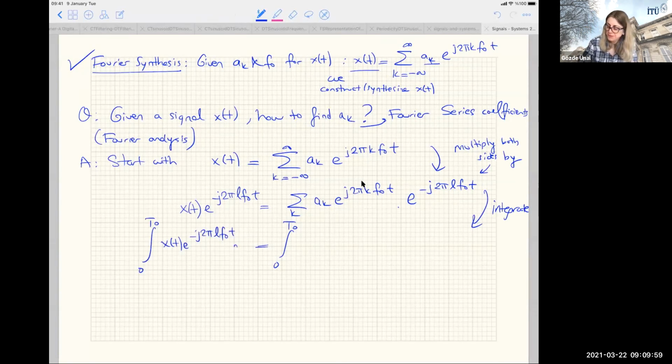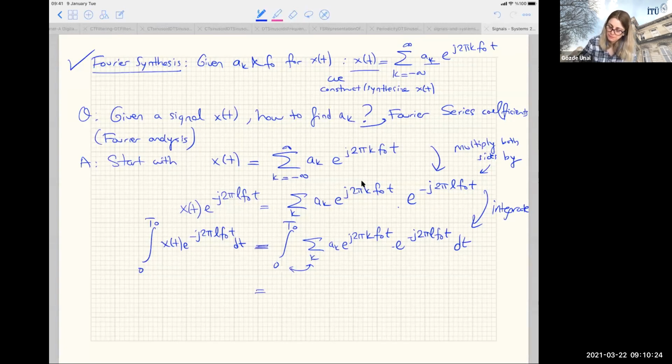Now the same thing here, the sum over k of ak e to the j 2 pi k f0 t times e to the minus j 2 pi l f0 t dt. I'm doing it the long way. Now exchange these two.